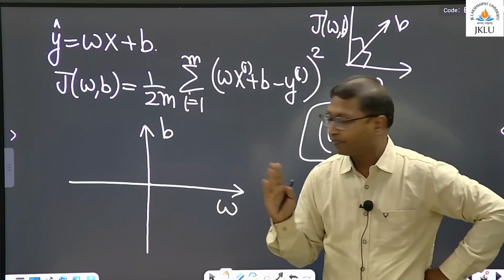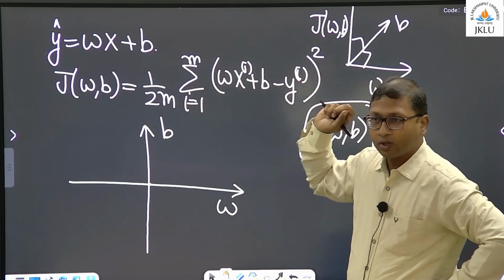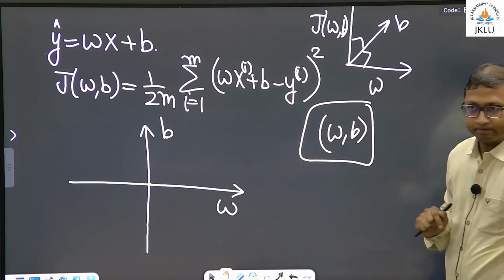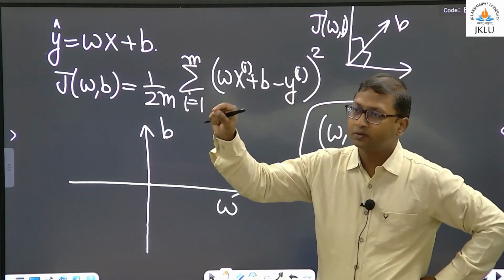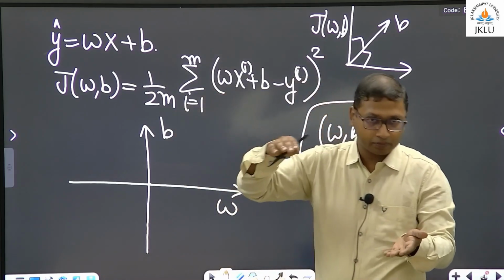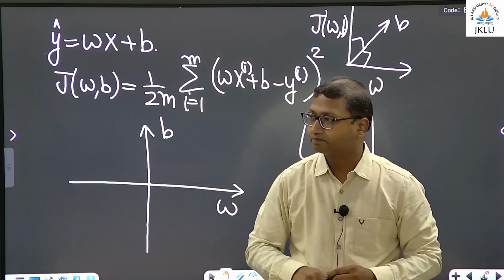Infinite. W and B can take any real value. For every value of W and B, there will be a corresponding value of cost function J, and that will be the surface, the height of my cost function here.